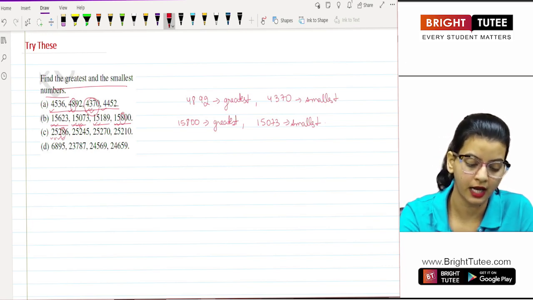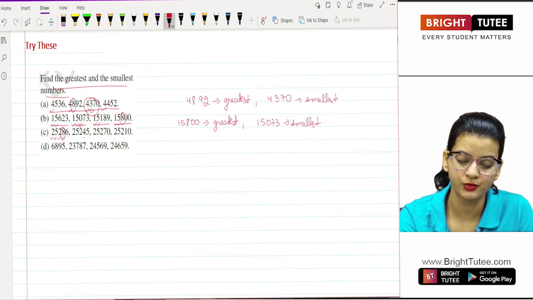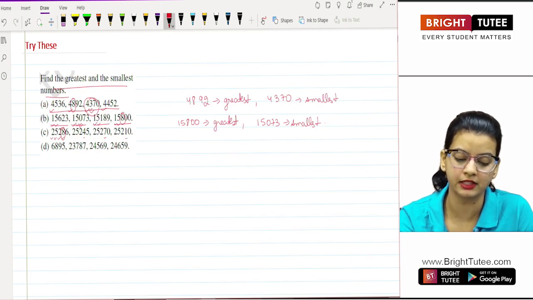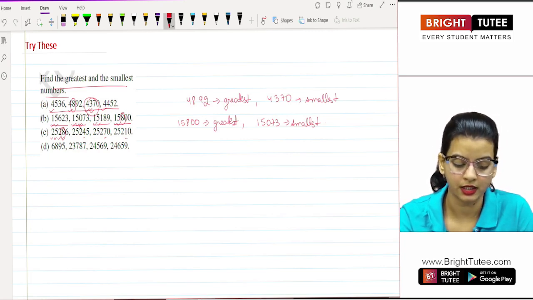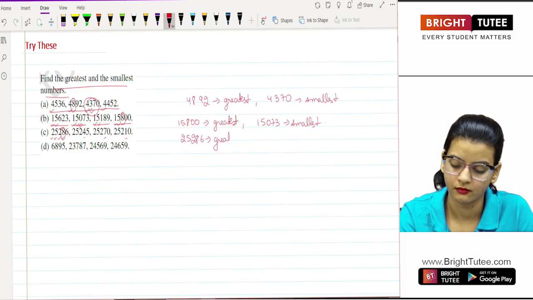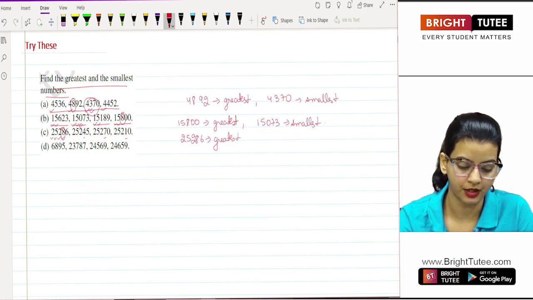Here we have 4 in the tens place, which is smaller than 8. Here we have 7 in the tens place, which is again smaller than 8. And here we have 1 in the tens place, which is smaller. So in the third row, 25286 is the greatest number.